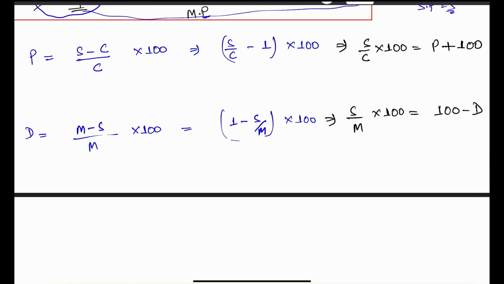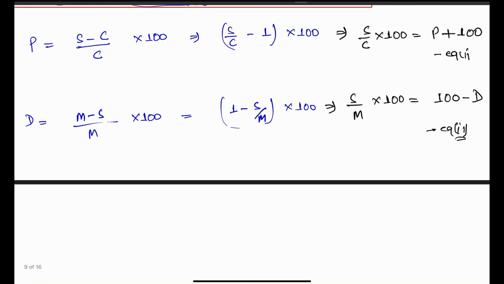Let's take this equation 1, and let's take this equation 2, and let's divide equation 1 by equation 2.